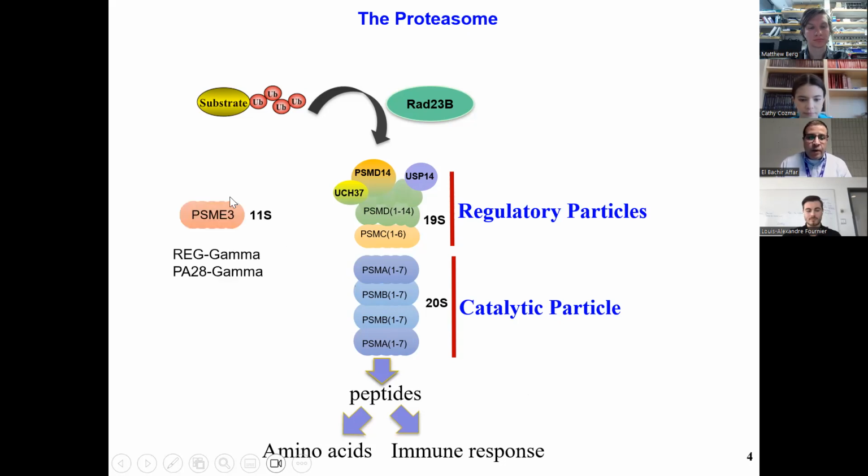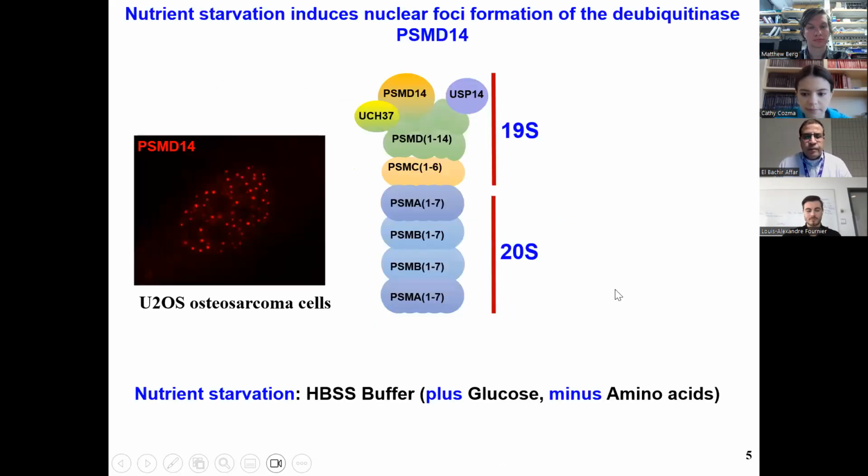So we have another regulatory particle. I'm mentioning it because it will be relevant for the rest of the talk. And this is PSME3, 11S, which is also involved in regulating the function and the catalytic activity of the proteasome.